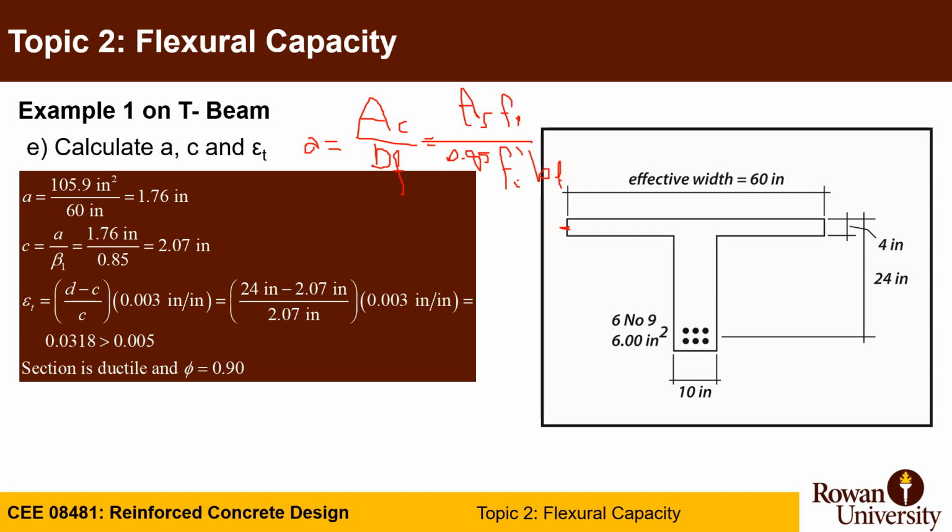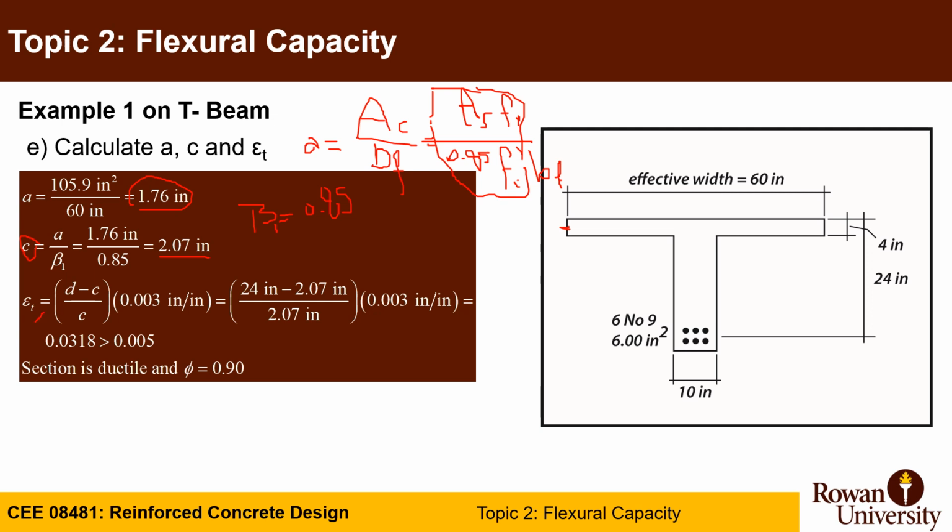If you take notes, this is the value AC. So if you divide AC by 60, it gives you 1.76, which is the A value. Concrete f'c is 4,000 psi, so beta 1 is 0.85 in this case. So C equals A divided by beta 1: 1.76 divided by 0.85 is 2.07.